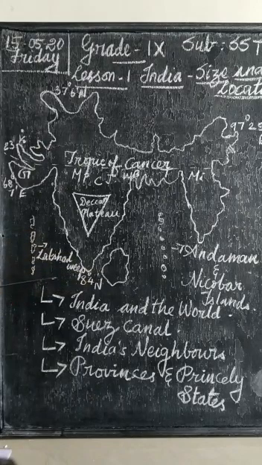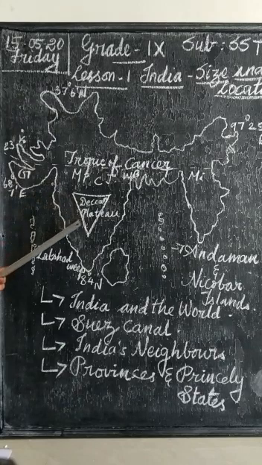Moving on to understand India and the world. India occupies the greater part of South Asia. It has a central location between East and West Asia. The Trans-Indian Ocean routes, which connect the countries of Europe in the west and the countries of East Asia, provide a central location to India.